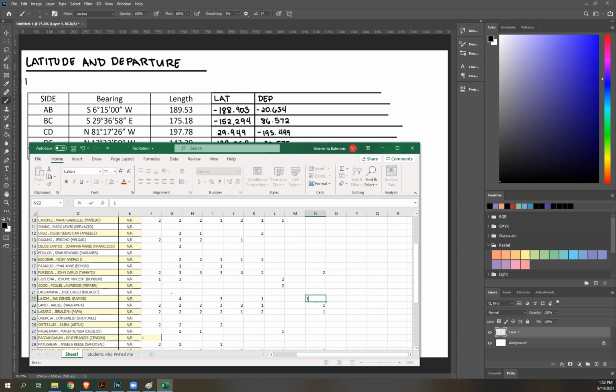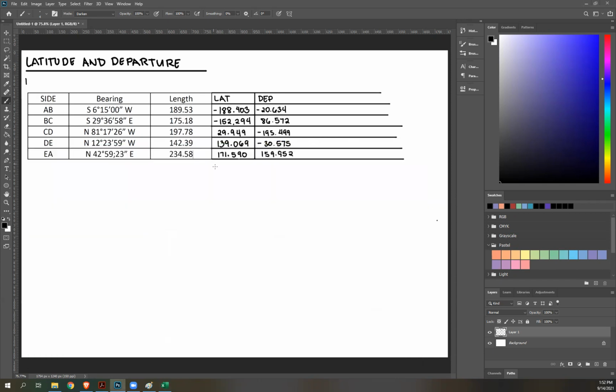Correct. So negative 0.089. And then someone please get the sum of that.